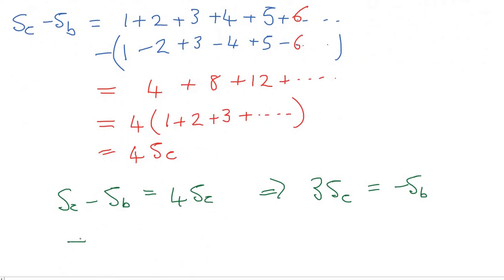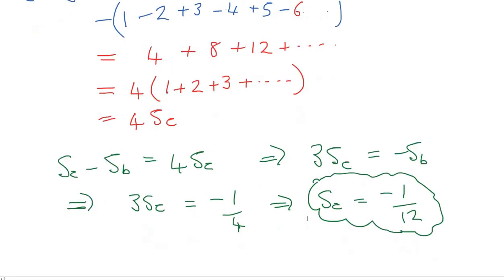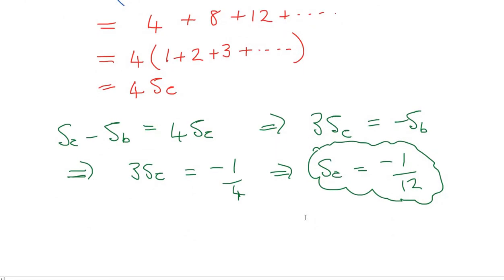So 3 lots of SC equals minus a quarter. And dividing by 3 gives us our result. SC equals minus 1 over 12. And that is an absolutely crazy result there. So, that's it. We've shown that the sum of all the natural numbers somehow ridiculously gets to this value, minus 1 over 12.